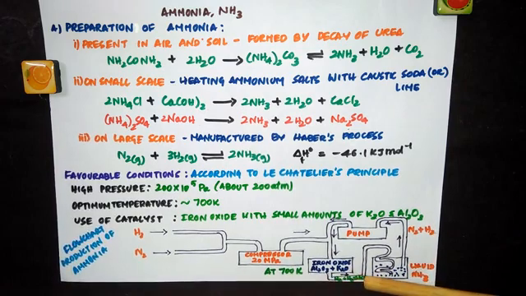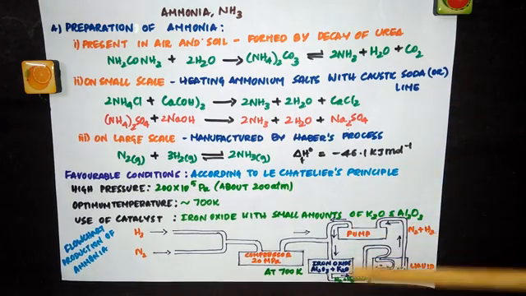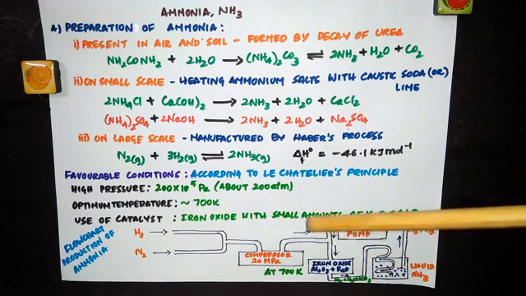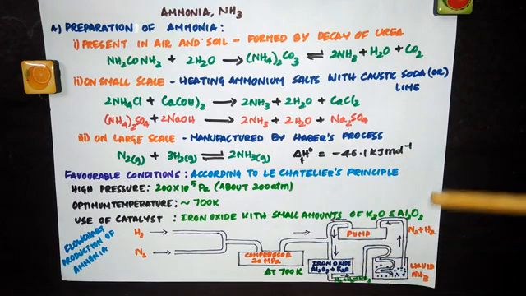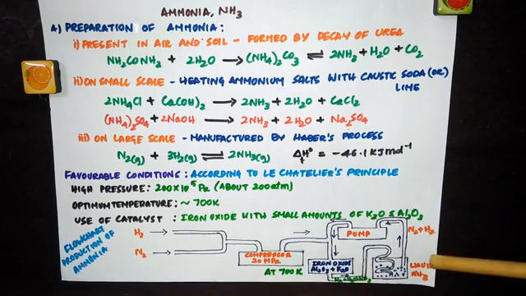The reaction takes place between hydrogen and nitrogen to give you ammonia. This ammonia is in the gaseous state. This gaseous ammonia will be sent through a condensing area where it will be liquefied. So you have liquid ammonia here and it is collected.